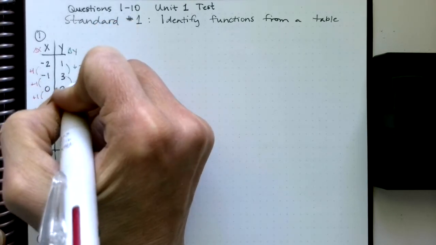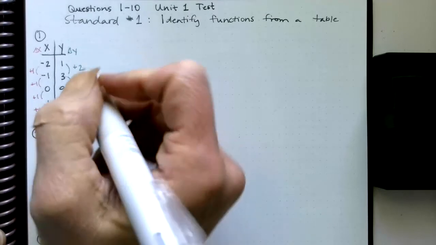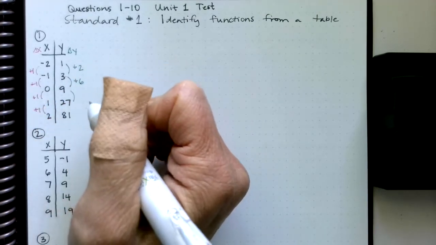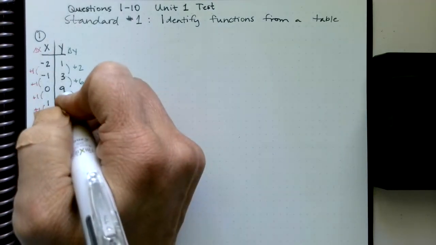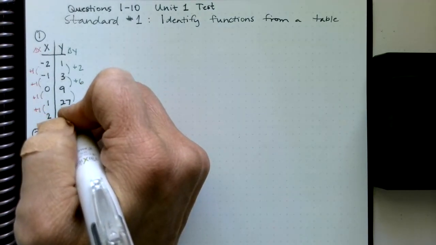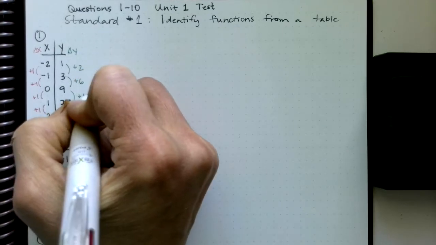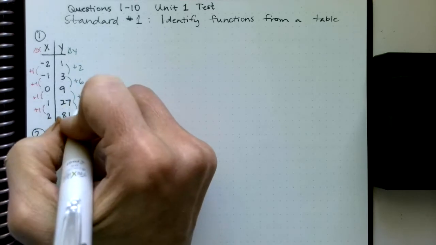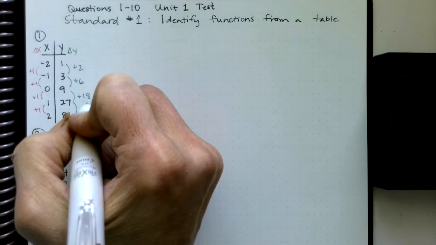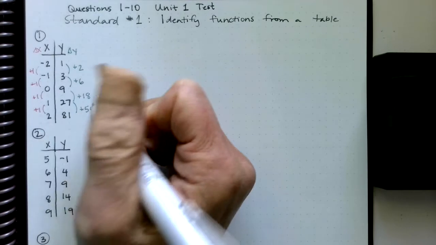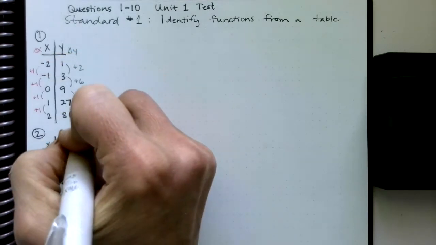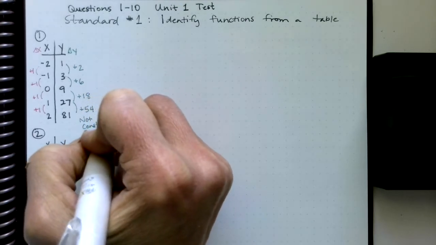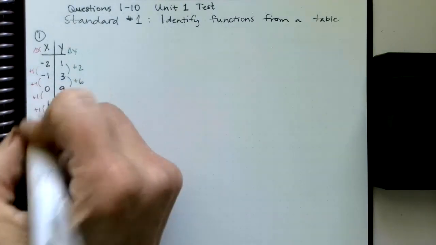From 3 to 9 is increasing by 6. From 9 to 27 is increasing by 18. And from 27 to 81 is increasing by 54. So this is not constant. And my change in x was constant.